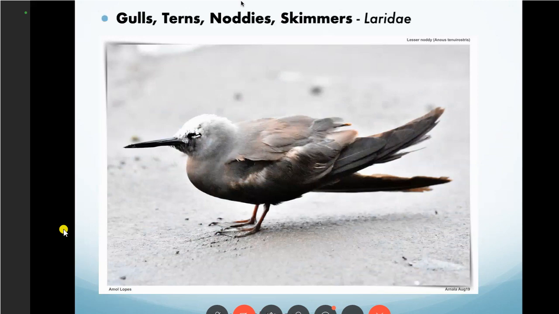The next family that we go to is gulls, terns, noddies, and skimmers. Over here, I'd like to say that we get 3 species of skimmers in the world. One is the African skimmer, then the black skimmer, and what we get in India is called the Indian skimmer. The Indian skimmer is actually much more associated with inland water bodies, where it skims, and there are a lot of records on the Chambal side from Madhya Pradesh and Rajasthan.